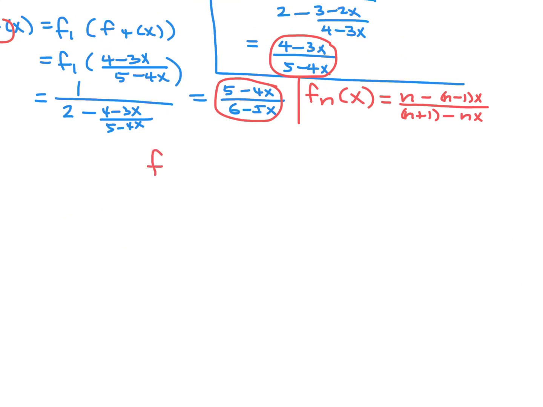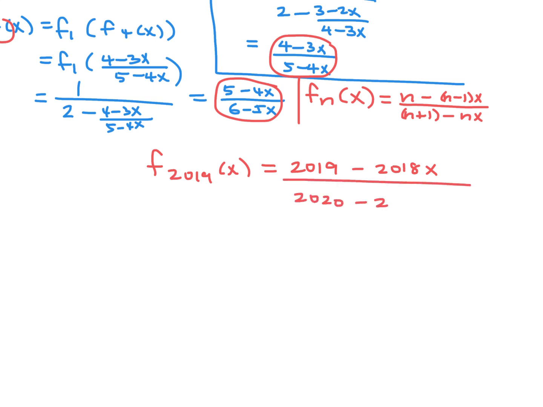So therefore, F2019 at x would be 2019 minus 2018x over 2020 minus 2019x.